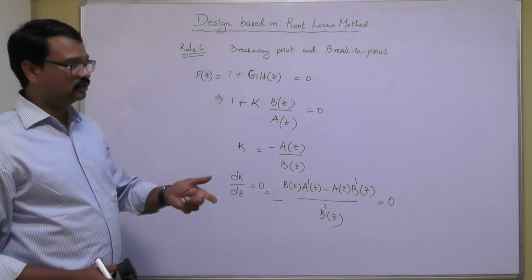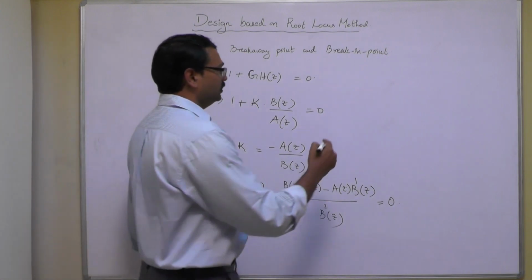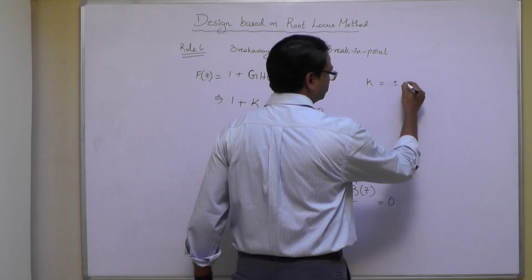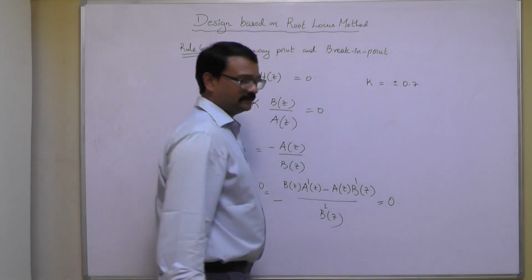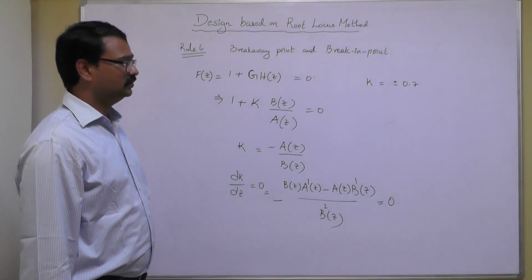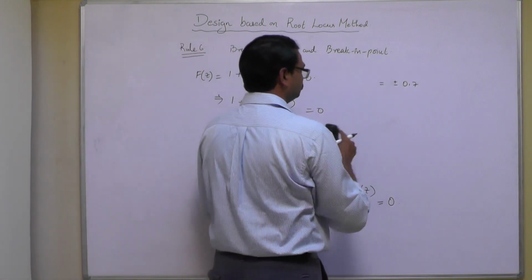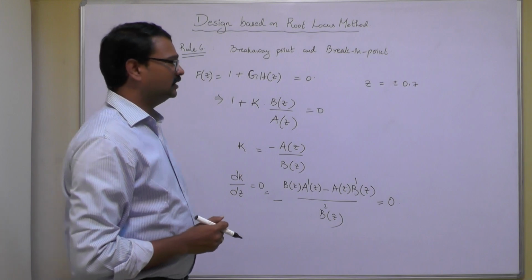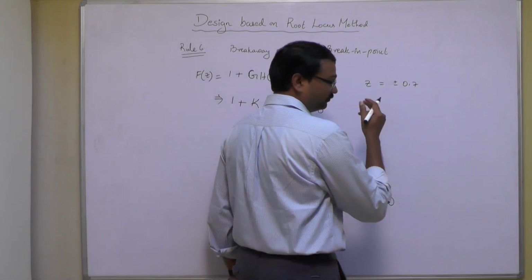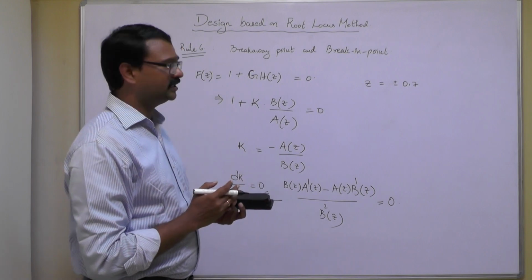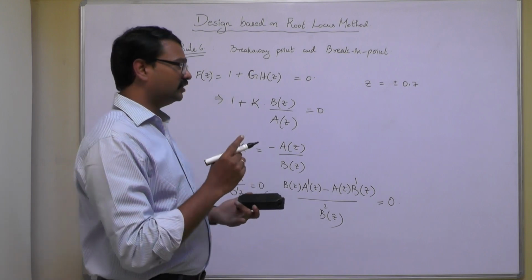If you are having two values of z, for example, if the z value is plus or minus 0.7, and I have only a breakaway point and no break-in point, then I can consider only one value.